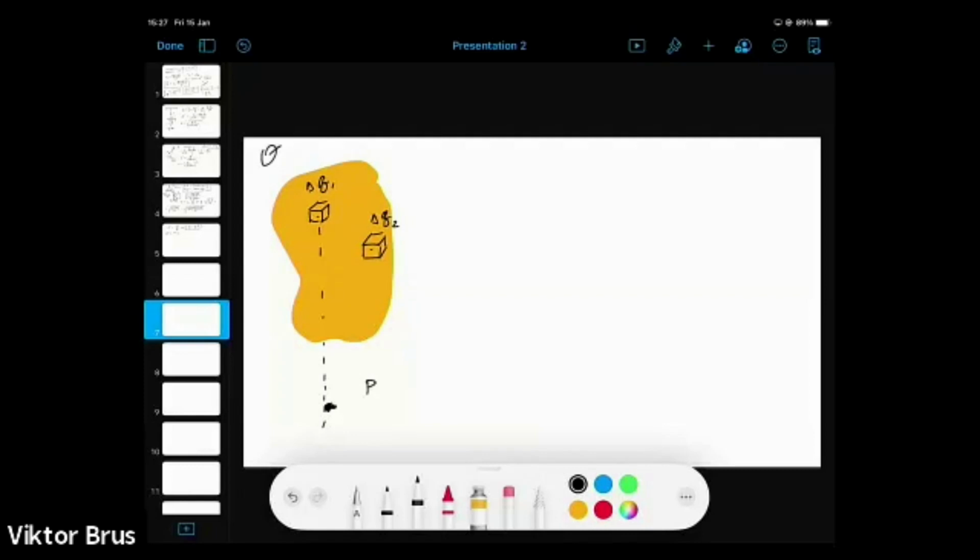The same we do for all other small volumes which we define in this body. And we have here some radius vector, R1 vector, R2 vector, and so on, which define the direction.